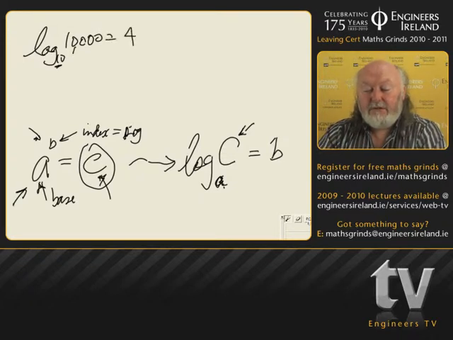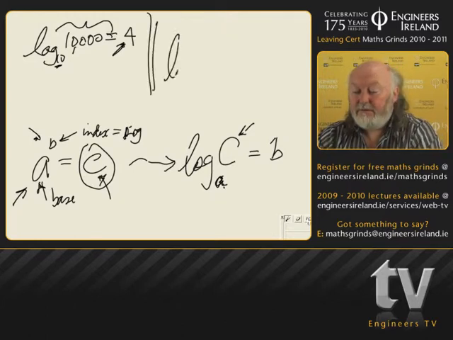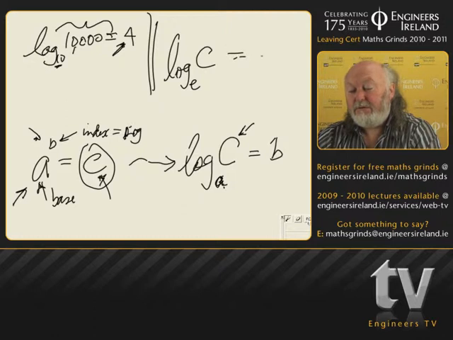That means 10 brought to the power of 4 will give you 10,000. We could also have, by way of an example, log to the base e of something, we just call it c, is equal to some answer.